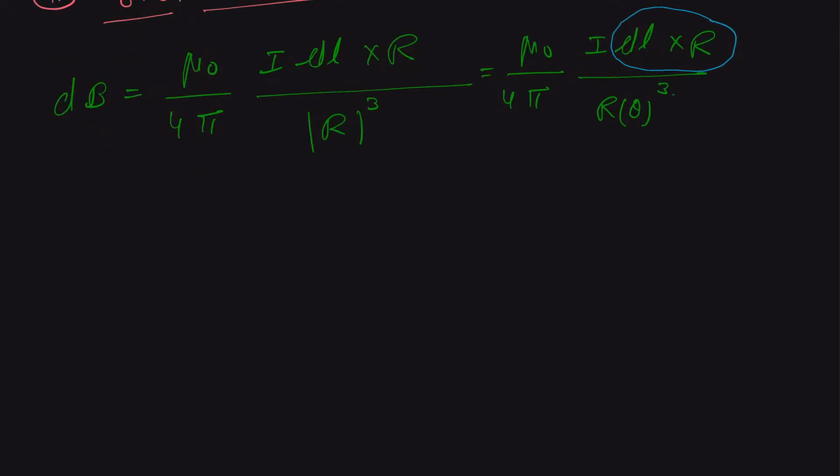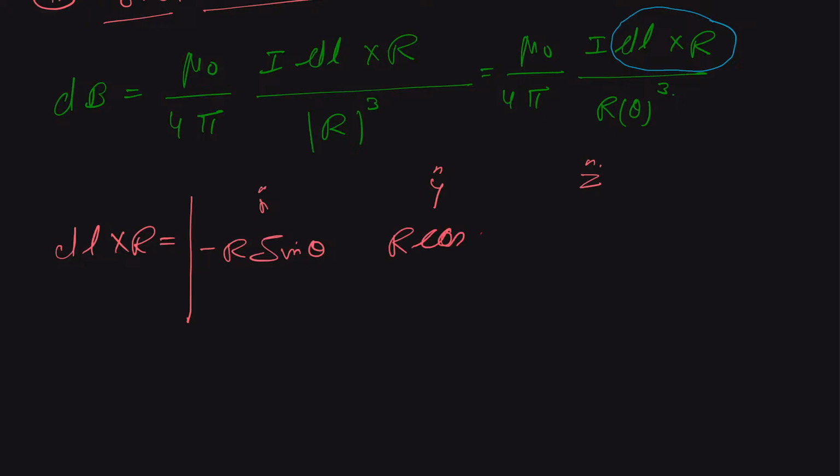So we can write dl cross R with x, y and z components: x is minus R sin theta, R cos theta and 0, and this is A minus R cos theta, minus R sin theta and 0.